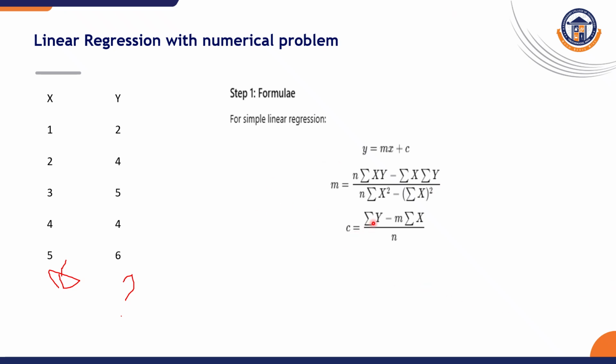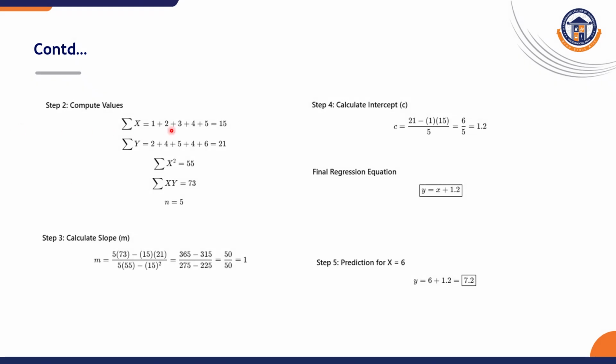For c, it is the summation of y minus m into the summation of x, divided by n. Computing the values, we found m is equal to 1 and intercept c is equal to 1.2, and finally the linear regression equation is y equal to x plus 1.2.